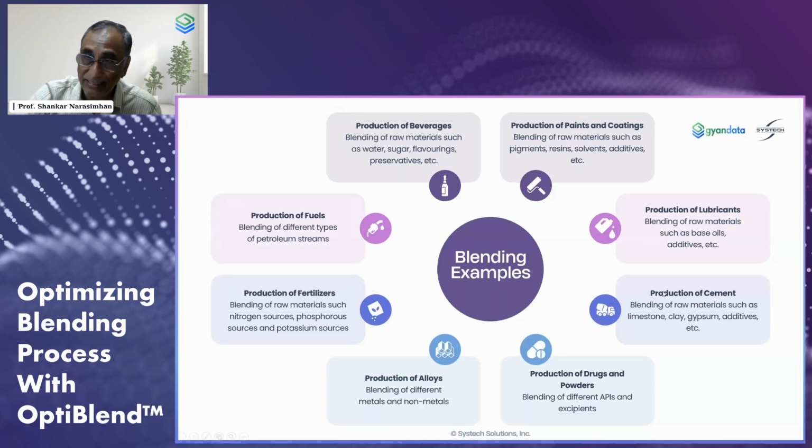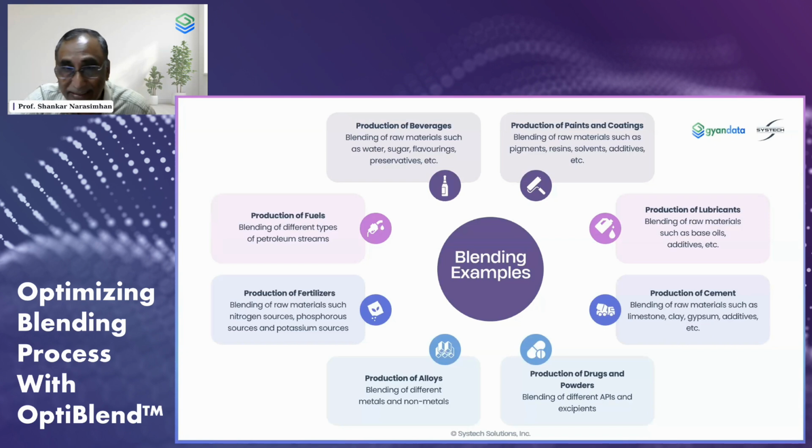Cement industry is another case where we have blending of raw materials, where you have limestone, clay, gypsum, and you're trying to actually control the setting time as well as the compressive strength, for example, of the cement that you produce. Pharmaceutical is another area where you're mixing different APIs and excipients to produce powders that have certain flow characteristics, solubility characteristics, as well as diffusion characteristics in the medium.